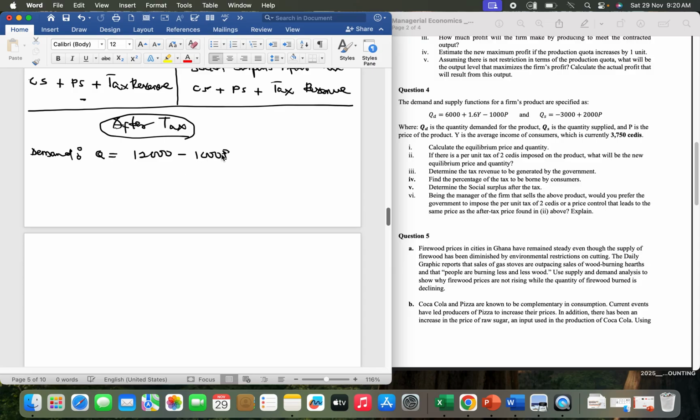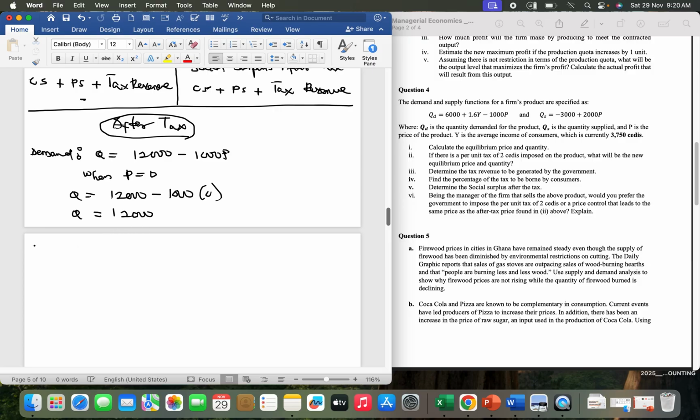As I stated, if you want Q, you make P 0. So when P is equal to 0, Q is equal to 12,000 minus 1,000 times 0. So Q is equal to 12,000.